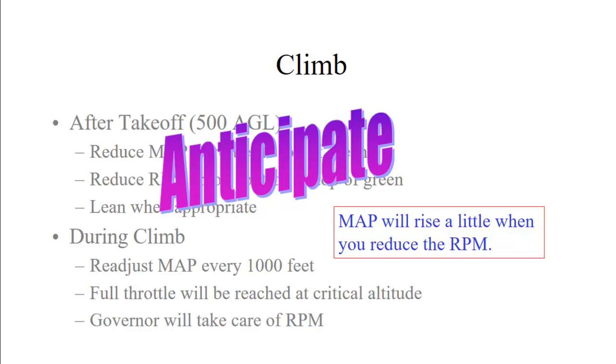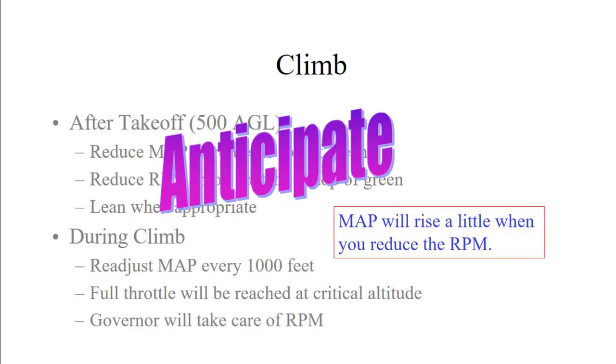Do know that when you adjust the RPM, it has an effect on manifold pressure. The higher the RPM, the more intake fuel air mixture is being demanded by the engine, and that will draw the manifold pressure down. So if you increase RPM, you can expect a decrease in manifold pressure, and vice versa. If you decrease the RPM, the manifold pressure is going to creep up a little bit.